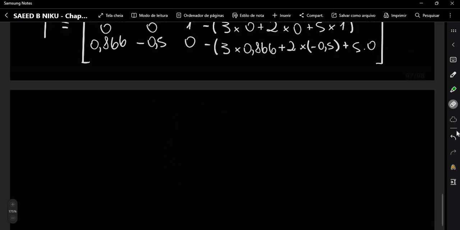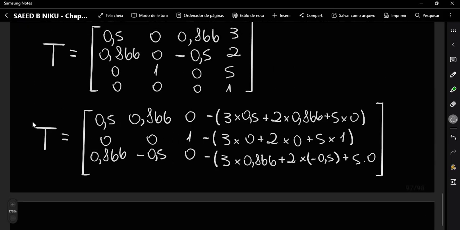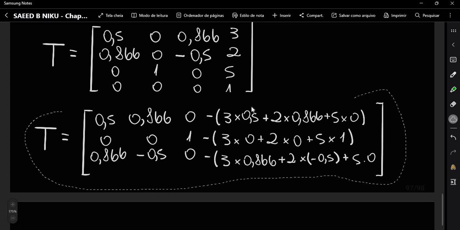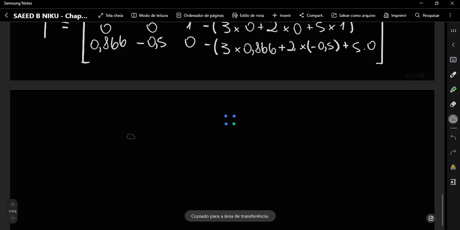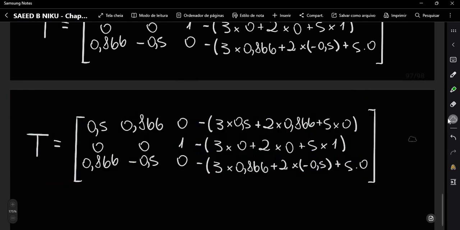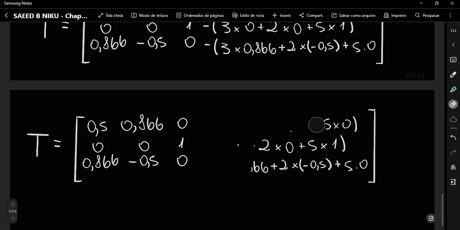And calculating this, let me rewrite this matrix. Sorry.